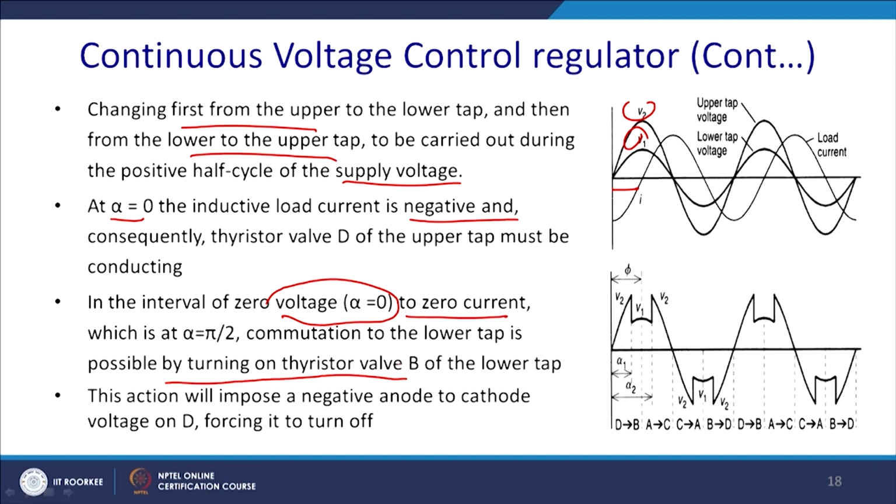This action will impose a negative anode to cathode voltage on D, forcing it to turn off. So, this is the way you can turn off these forward going thyristors. Then what happened? Because previously the negative cycle was conducting.